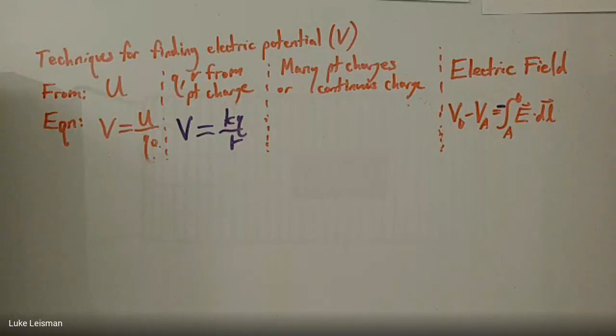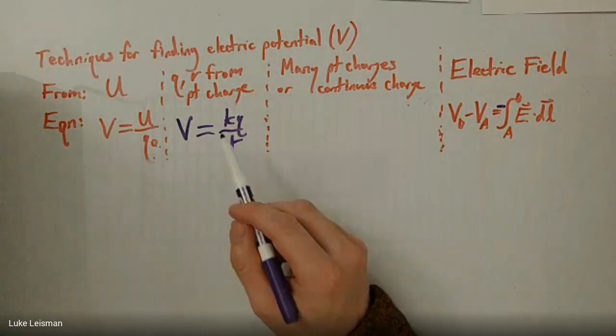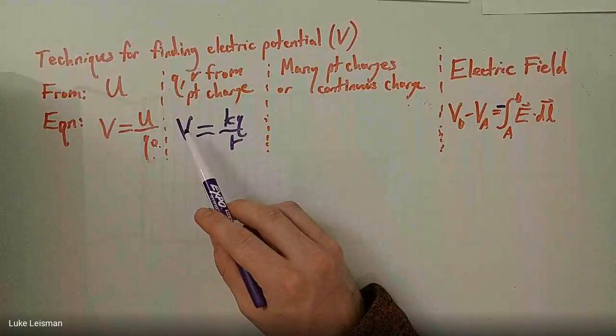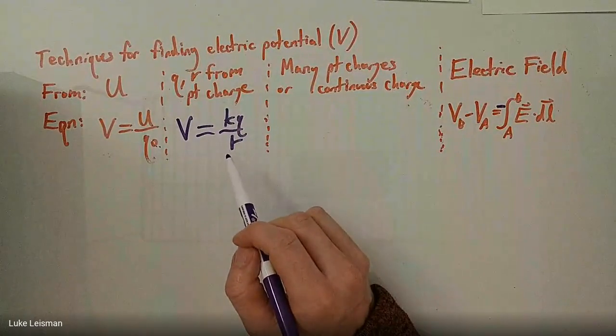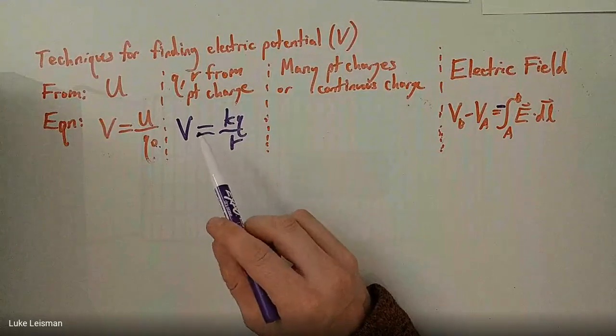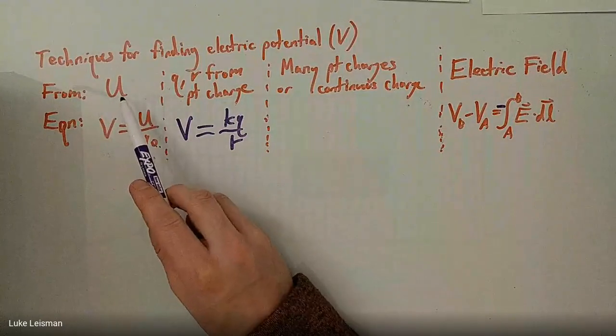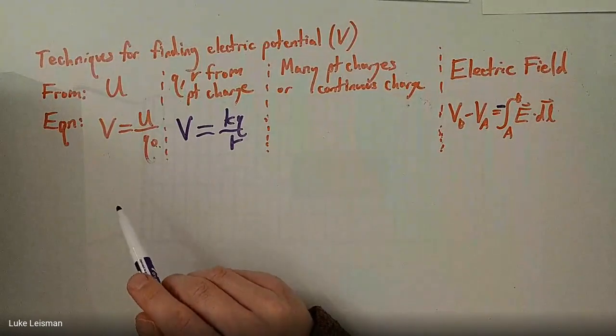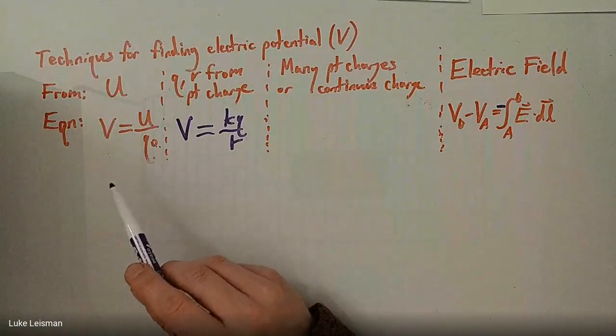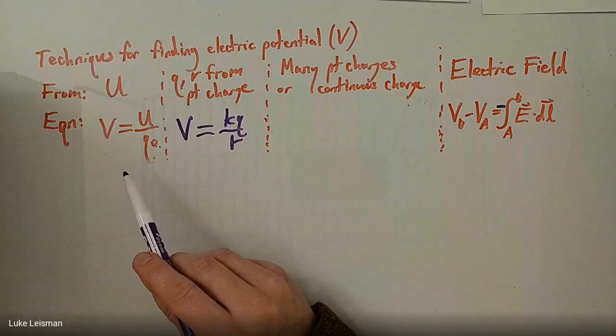So we've been talking about electric potential, and we just showed that the electric potential for a point charge is kq over r. And we also know that if we know potential energy, we can calculate potential by just dividing by the charge of whatever the object we're considering as potential energy.